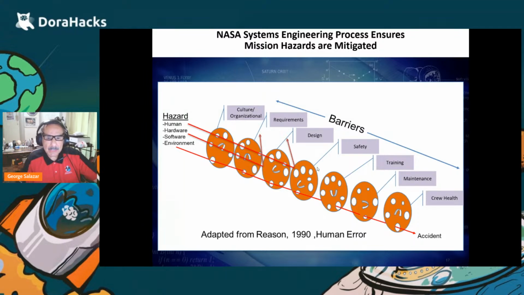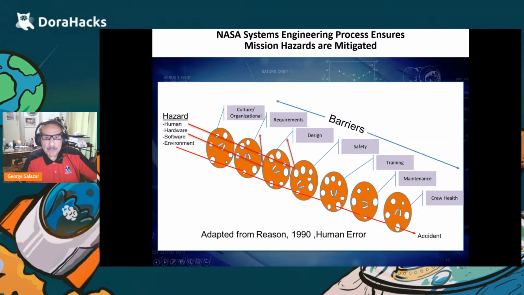He did this in 1990. What James Reason basically said is that you have barriers associated with a system design. You have culture, the organization. You have requirements. You've got design. You've got safety. You've got training. You've got maintenance. But each one of these barriers to prevent problems has holes in it. We're not perfect, and holes occur.